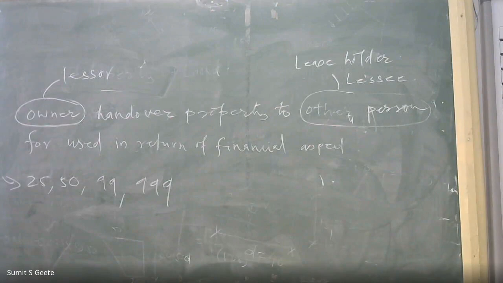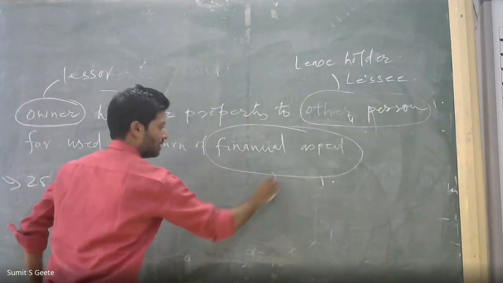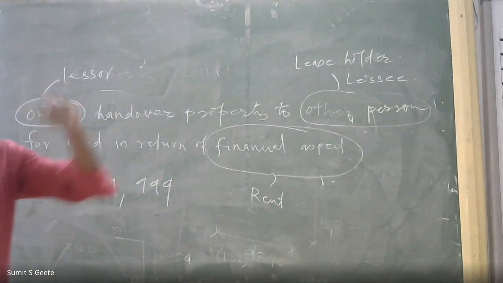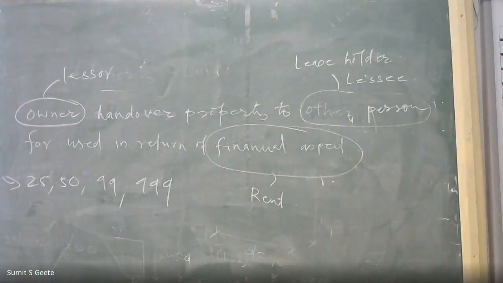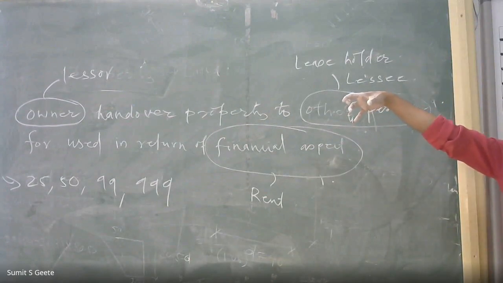Clear? And whatever the financial aspect is, that is called ground rent. I'm saying rent instead of ground rent. अगर आपने खाली वैकेंट प्लॉट दिया उसको यूज करना तो ग्राउंड रेंट. क्लियर? If it is a financial aspect, it is called rent. ठीक है, समझ में आया? So in this case, this is the person who utilizes the property of another person by paying some amount.